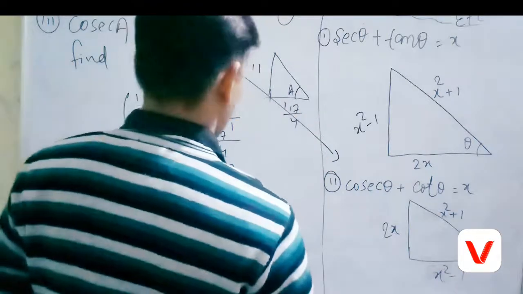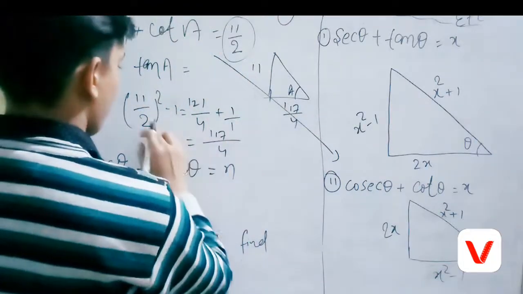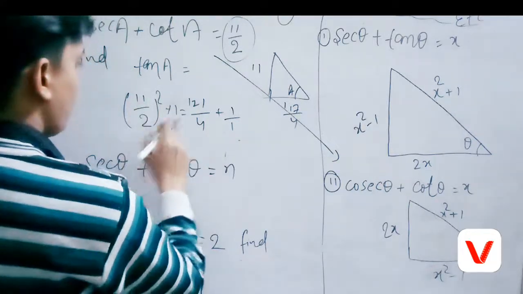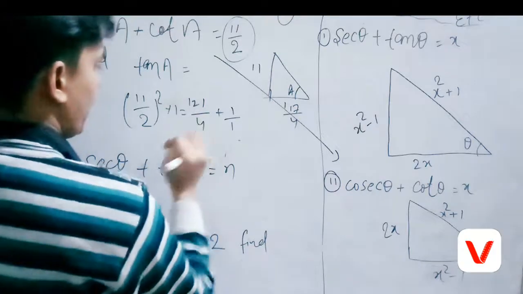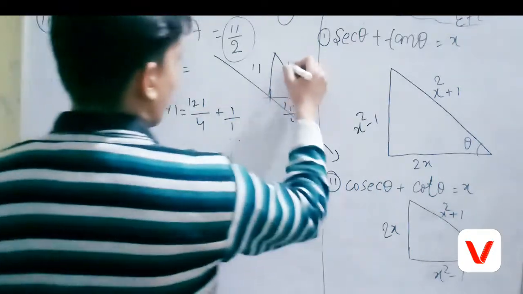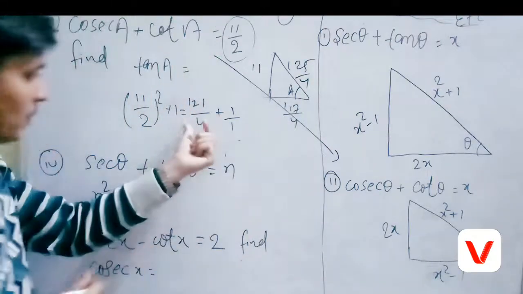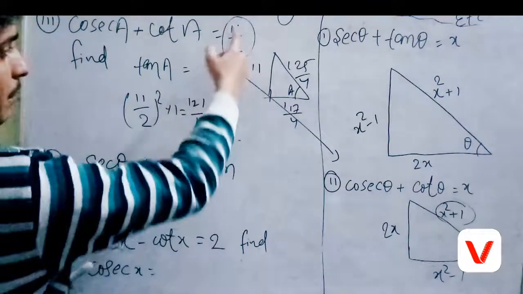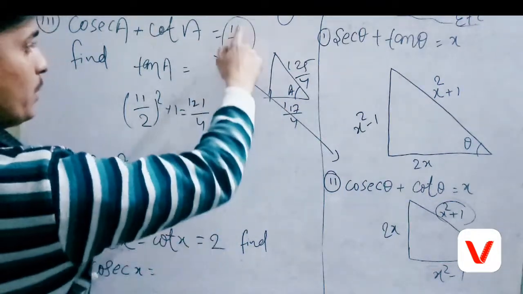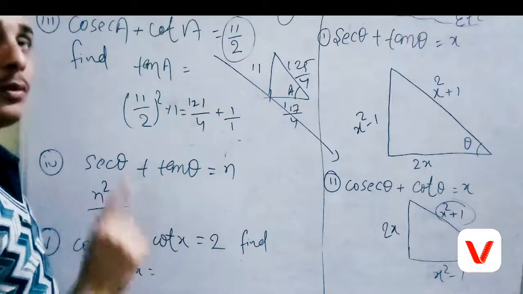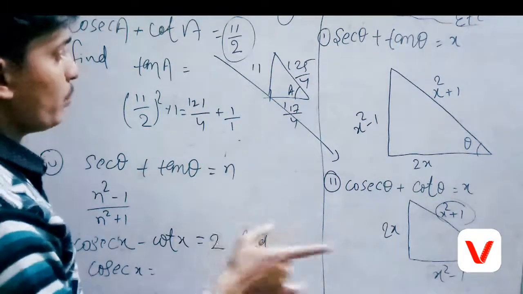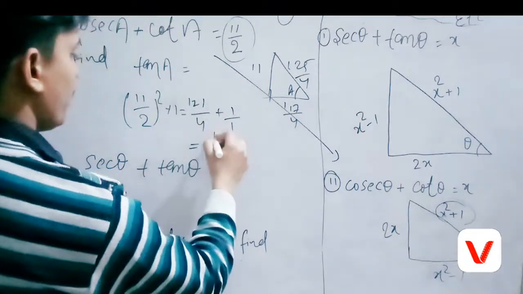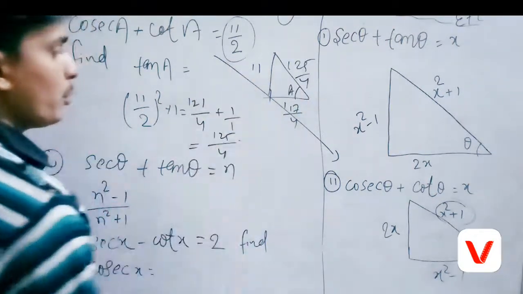Next is x square plus 1, so 121 divided by 4 plus 1, which means 125 by 4. Because the hypotenuse is x square plus 1, so it is 125 by 4.